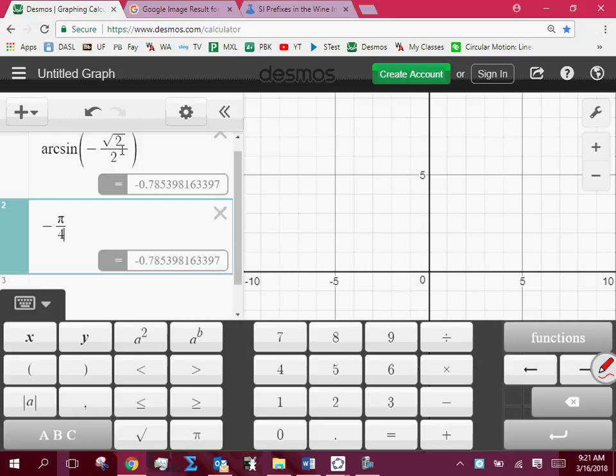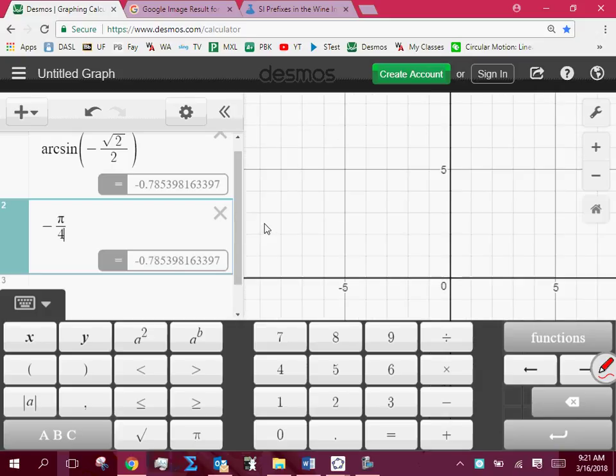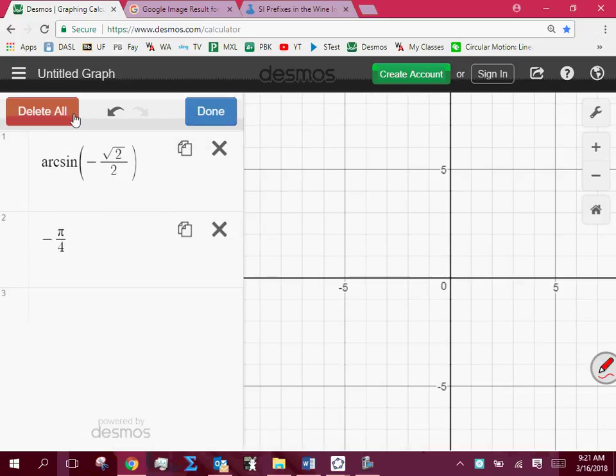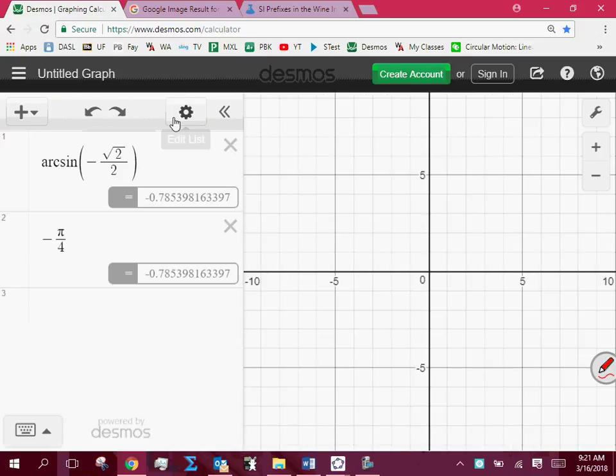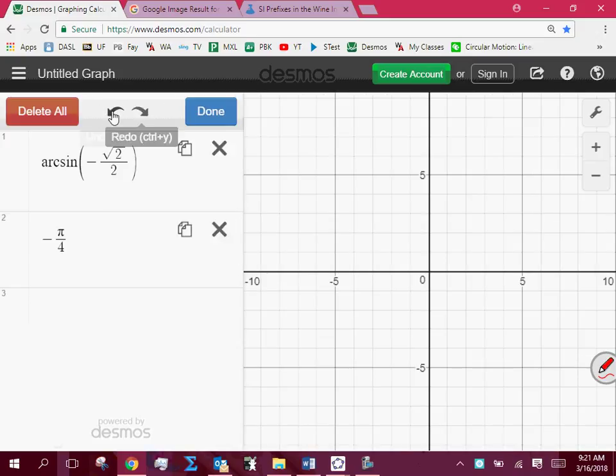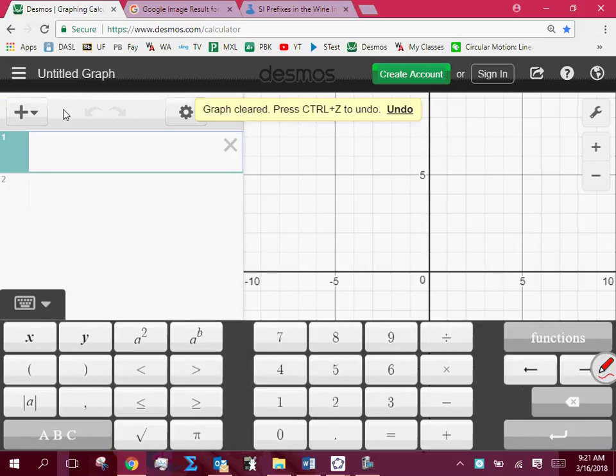Okay. One thing to pay attention to with Desmos, if you guys use this, let's see what I did there. Click on this cog here, and you can delete all. But that kind of just resets everything, as if you just open the applet for the first time. So let me show you what happens here.